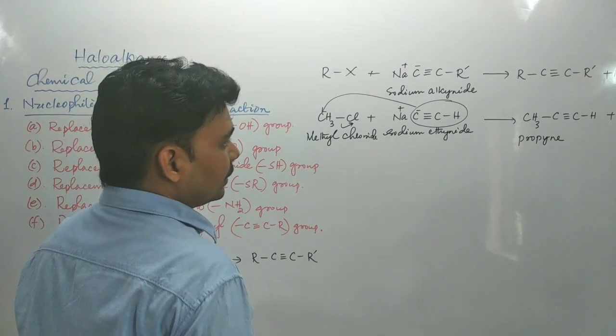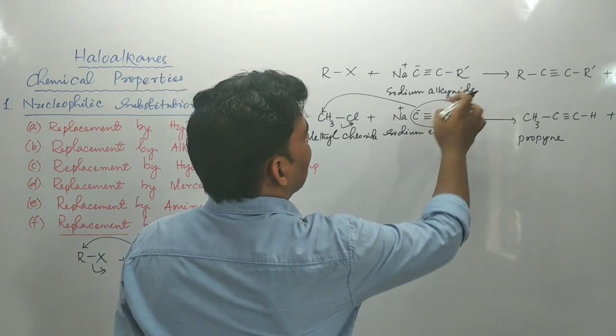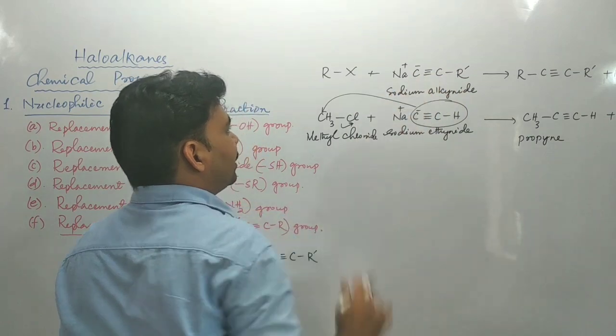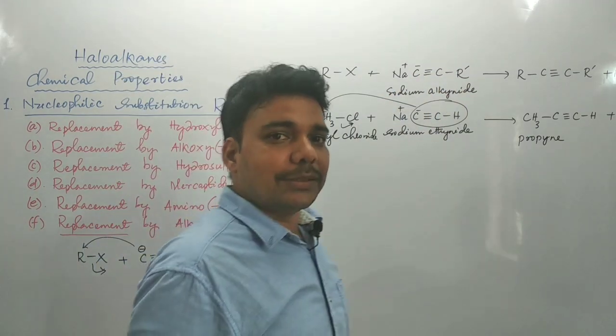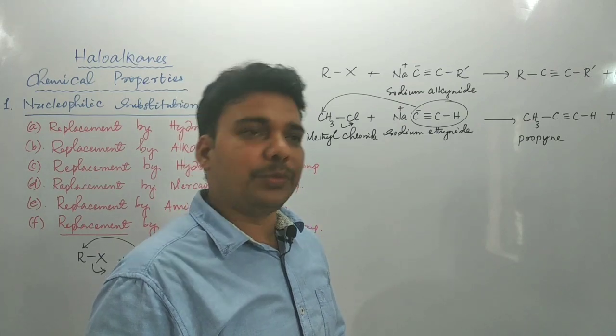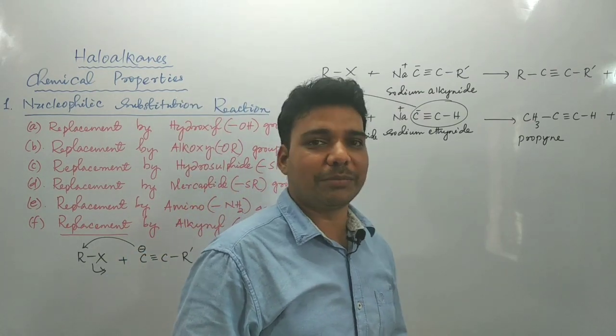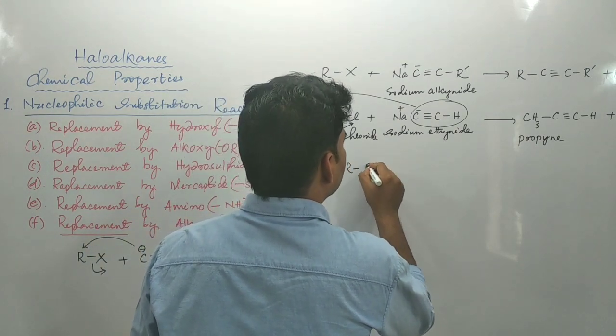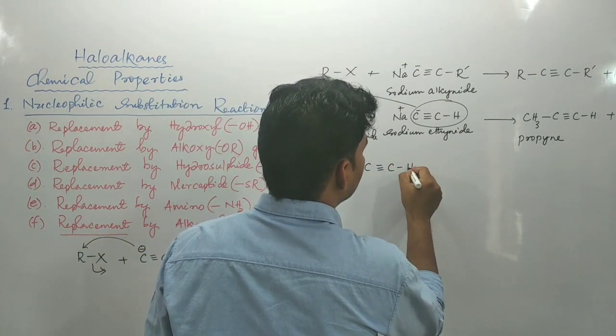Okay. These sodium alkynates can be prepared by treating the terminal alkynes with sodamide. Let me take one terminal alkyne.